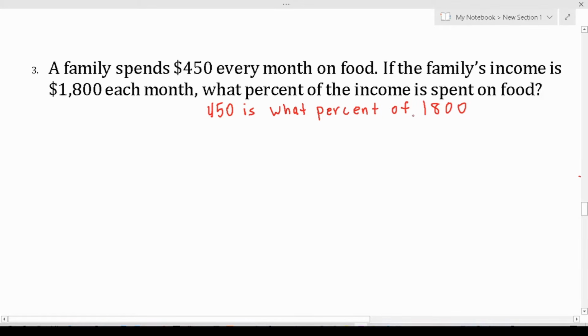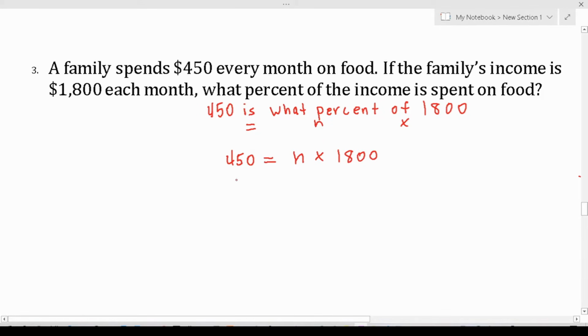Again, we have all those elements. We need to write this as an equation. Is is an equal sign, what percent is n, and of is multiplication. So let's go ahead and write this equation: 450 is equal to what percent, and of means multiply, 1,800.